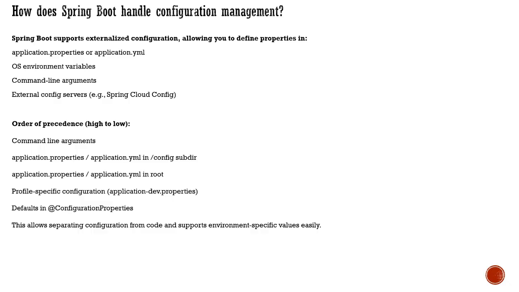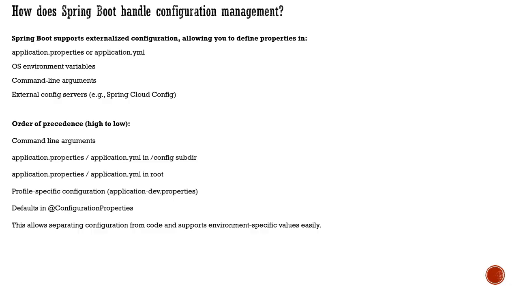This can be related to microservice configuration, where you have your configuration externalized and you define those properties there. There is also a concept called order of precedence, from high to low.